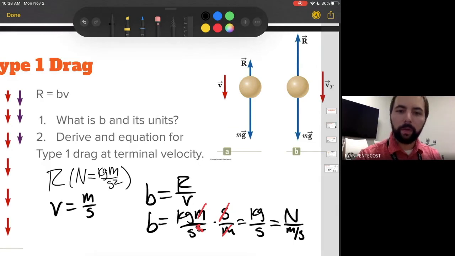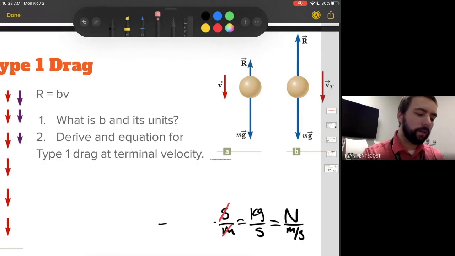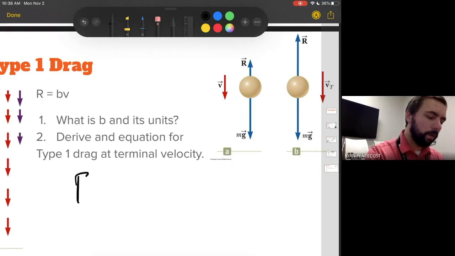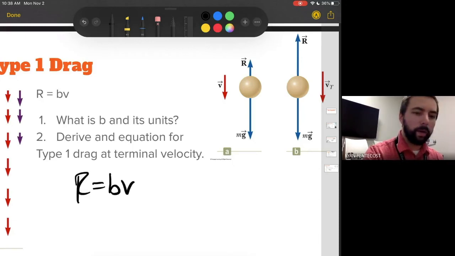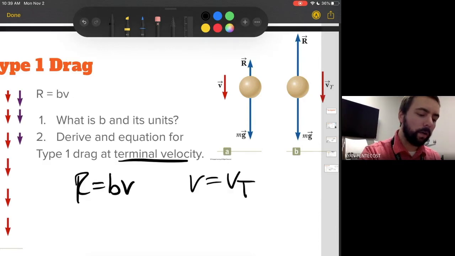So number 2, derive an equation for type 1 drag at terminal velocity. If we look at type 1 drag at terminal velocity, and we balance our forces, what could we arrive at? We've got R equals bv. But if we're at terminal velocity, remember that makes a couple assumptions: velocity goes to vt, and R equals mg in magnitude, not direction.